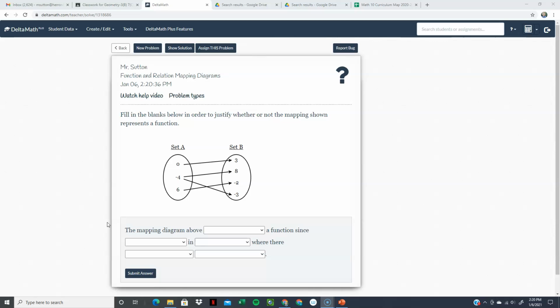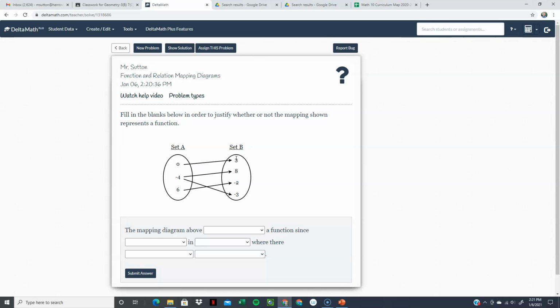So remember, what we're looking for is to figure out if there's any inputs that have more than one output. Remember, our definition is the inputs relate to exactly one output. So if I look at this relation, 0 relates to 3.